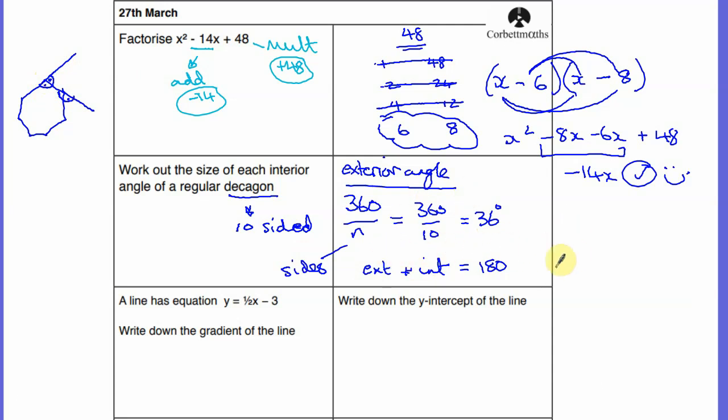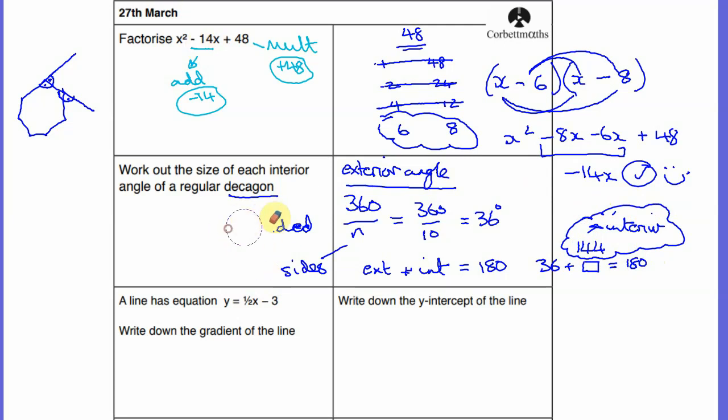So I know that 36 plus something equals 180. So I can do 180 subtract 36. So my interior angle is 144 degrees.